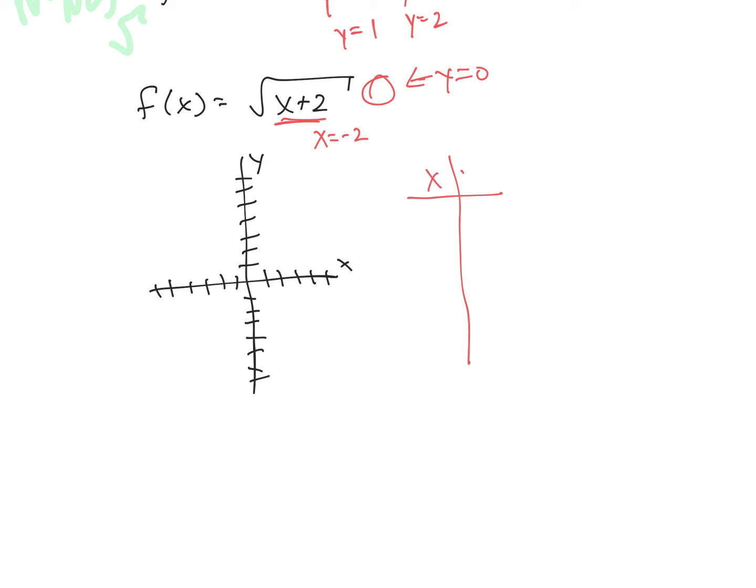So if we did this t-chart, and square root of x plus 2, when x is negative 2, y is 0. So negative 2, 0. And let's see what that means. So if I said negative 2 plus 2, I plugged in this x right here, and I said y equals the square root of negative 2 plus 2, which is 0. So y is 0. That works out, right?